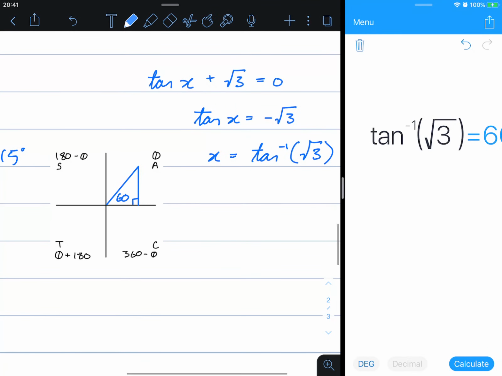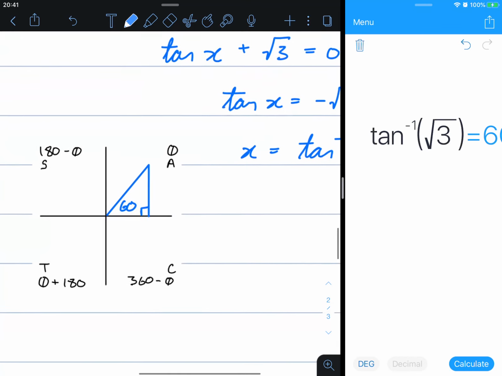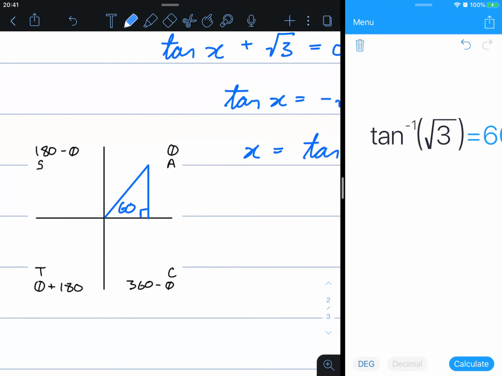What we want is where tan is negative. So if we did it in the second and fourth quadrant, tan would be negative. So we want this angle here of 60 degrees, but always measuring from the initial.